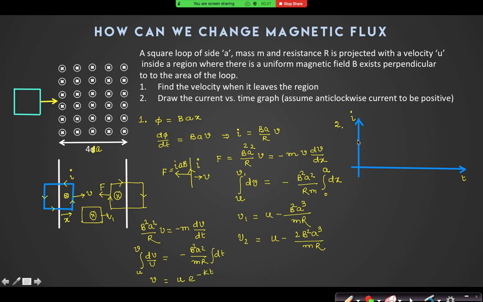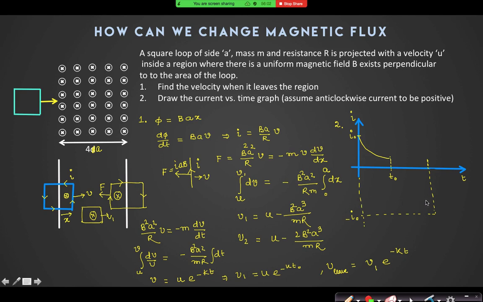Can I say that? So when it leaves, the current should decrease. Initially it was U into e power minus kt.